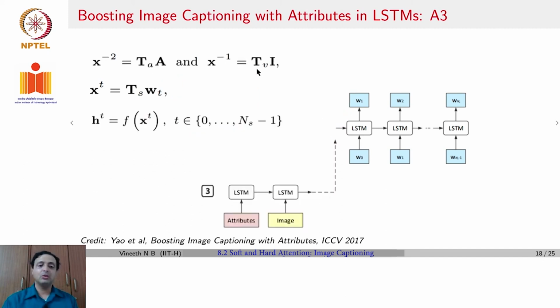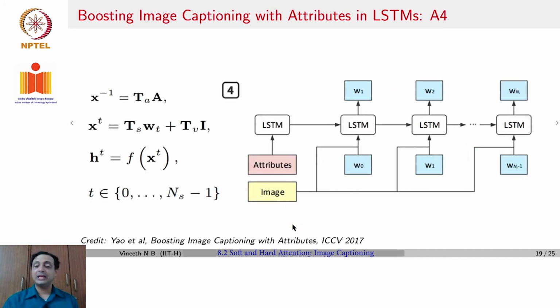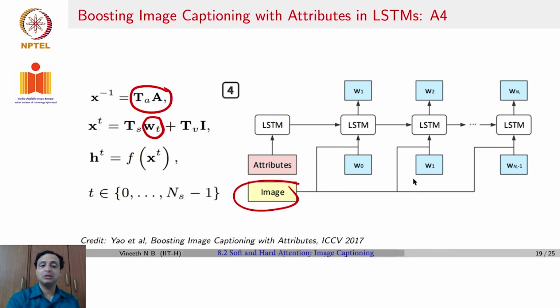A3 was a variant where the attributes were given first and the image was given next. It's a variant of A2 where the inputs are swapped, first attributes, then image. Then came a variant A4 where at x -1 only the attributes were given, but at each time step you give both the words in the caption and the image as input.